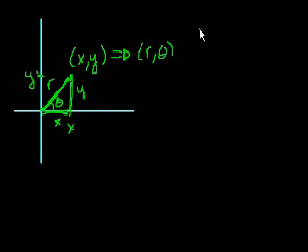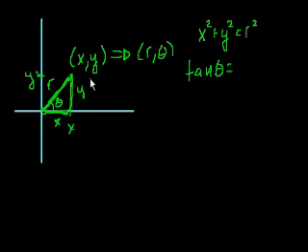Pythagorean theorem, you get x squared plus y squared is equal to r squared. That's just the Pythagorean theorem. And then you have the tangent of this angle, tangent of theta, SOHCAHTOA, TOA, opposite over adjacent. Tangent of theta is equal to the opposite, which is y, over the adjacent, which is x. And this is really all you need.